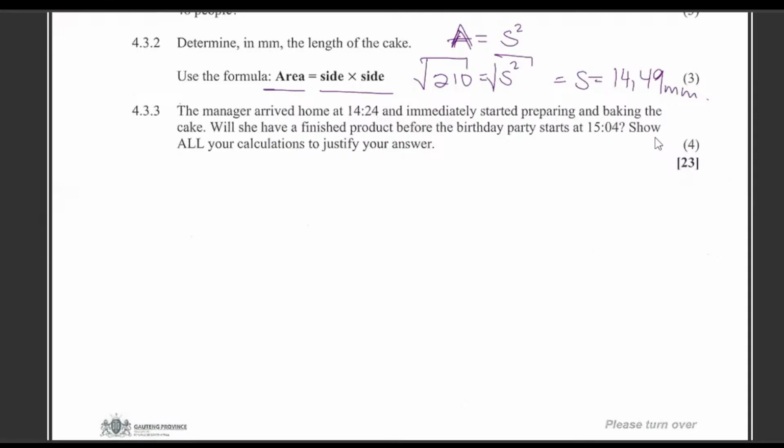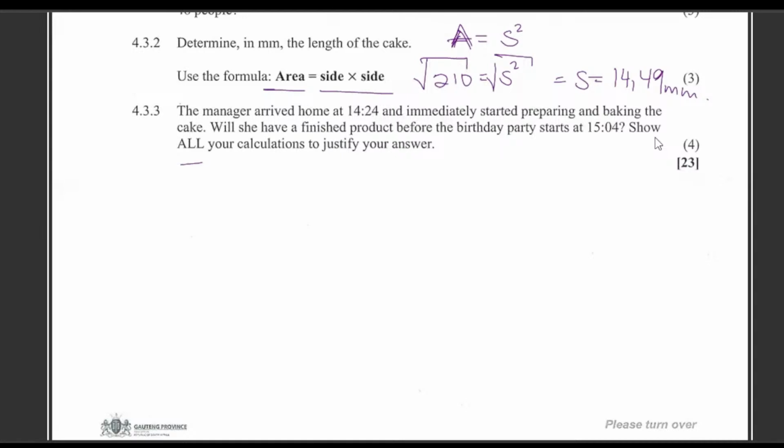The manager arrived at home at 14:24 and immediately started preparing and baking the cake. Will she have finished the product before the birthday party starts at 15:04? Show all your calculation.